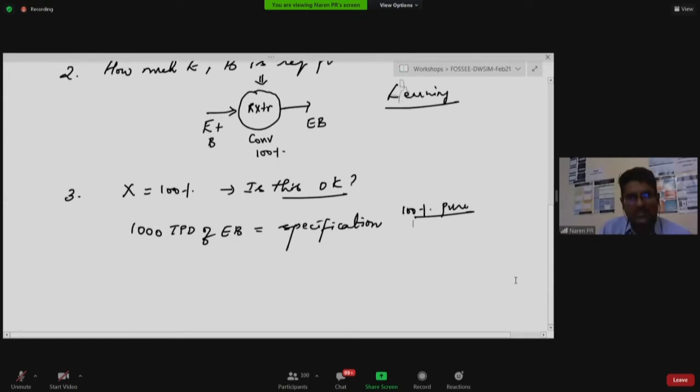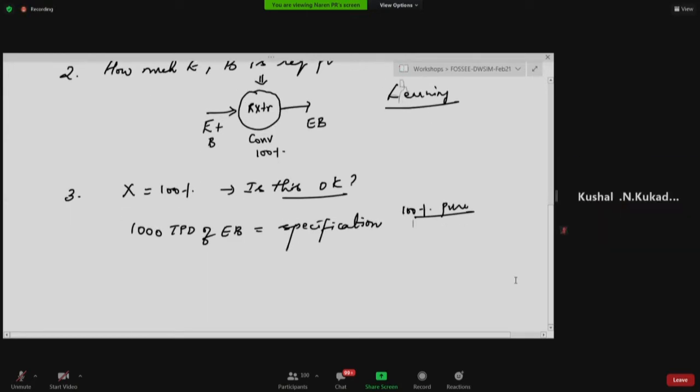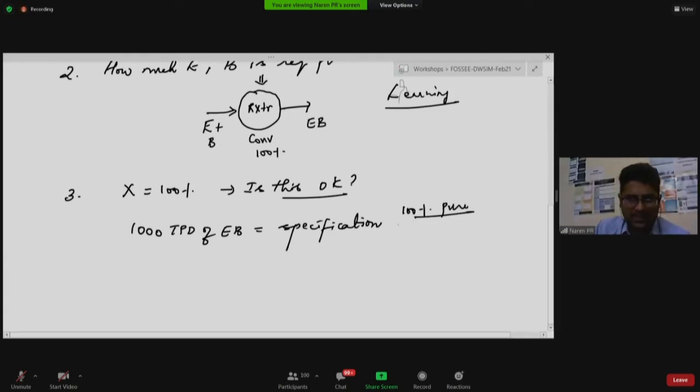If you scan through the chemical manufacturers, they will specify it is probably 99.9% ethyl benzene, and then maybe 0.06% of something else, and say 0.04% of something else. These A and B need not be just ethylene and benzene; they are some other species, and it can also be ethylene for that matter.